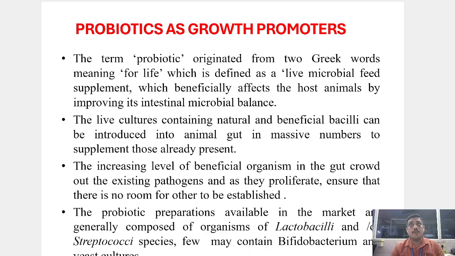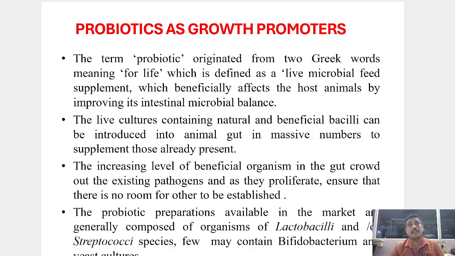Now, how do probiotics work? I told you, if you remember, there are four ways by which probiotics work. Physiologically, when the organism is under stress conditions, what are the stress conditions? Parturition is one kind of stress these animals experience. Castration, weaning, and change in the diet.